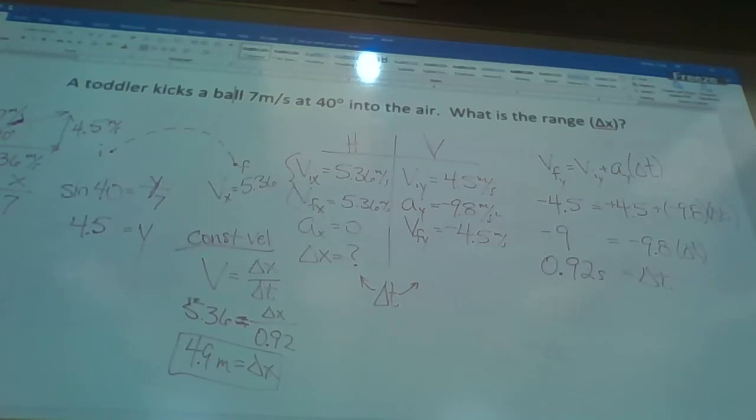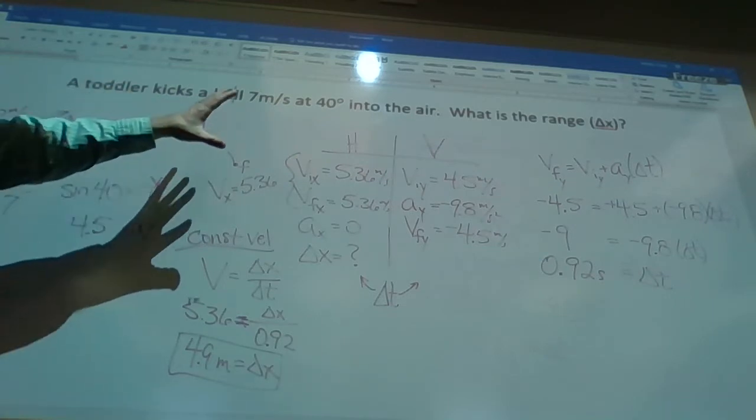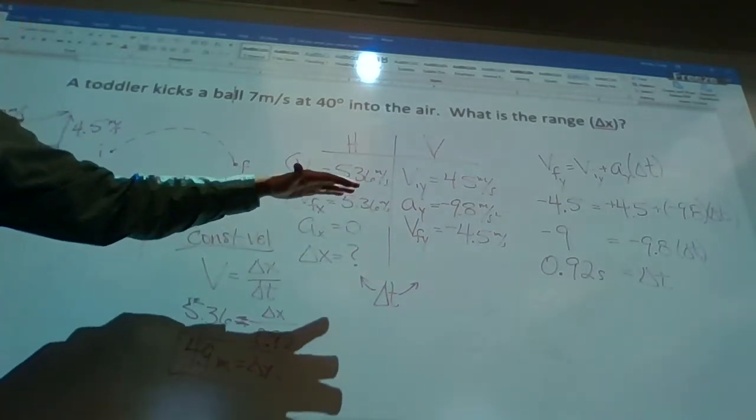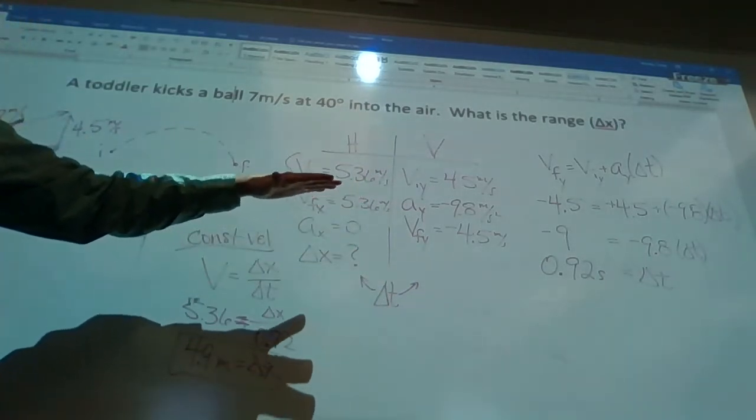Where you at? Okay. Big picture. If you're at a place where you're not comfortable, big picture. Set it up. Variables in the chart. Don't slack on that.